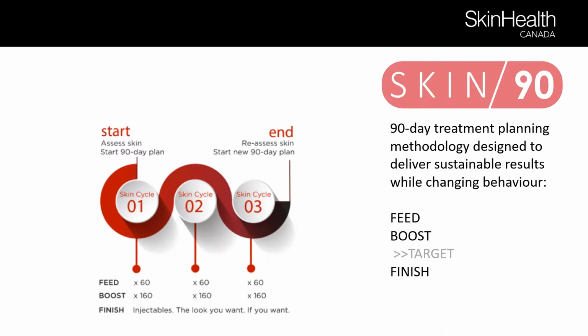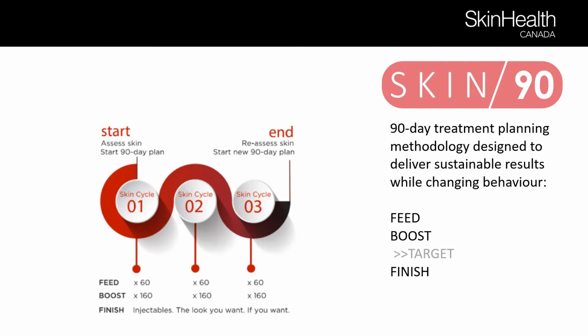So some of you may be asking, Skin90, 90 days, why 90 days? So 90 days is important because, as you can see in the diagram, it gives us about 3 skin cycles to work with. So depending on your age and the health of your skin, there's anywhere from sort of 24 to 30-day turnaround on skin. So that means the skin is essentially regenerating itself every month.